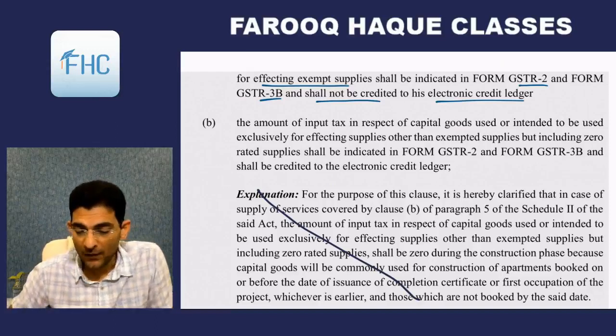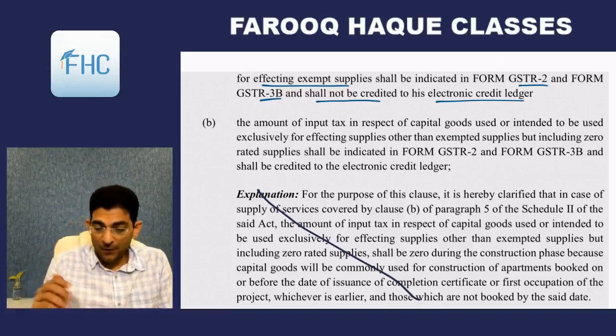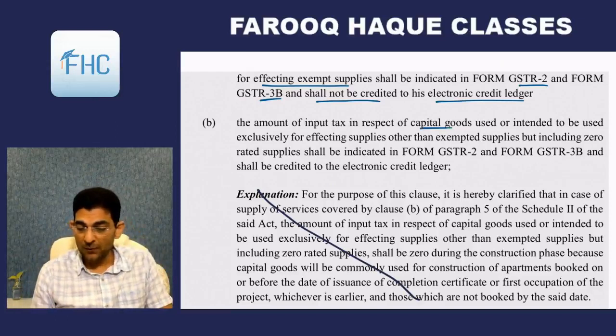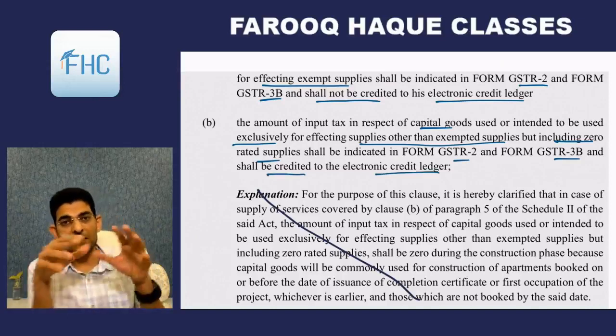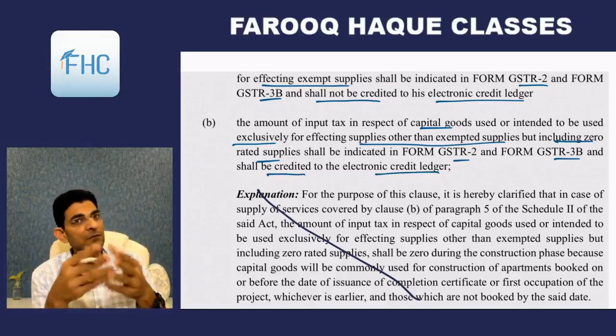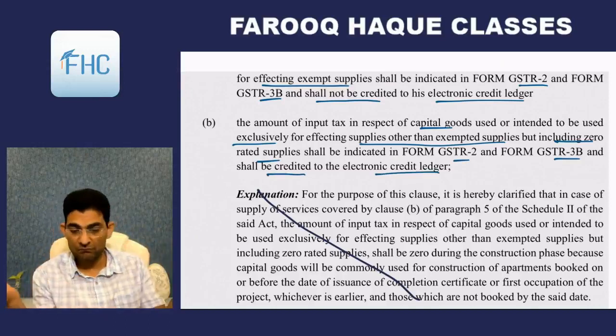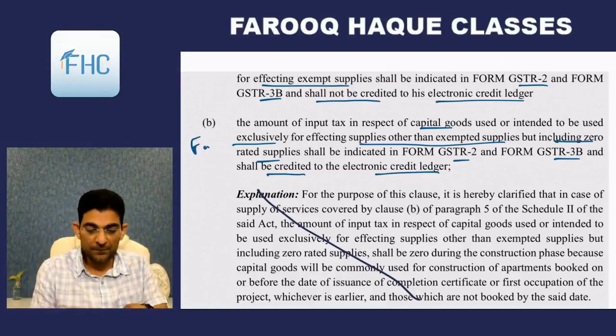Secondly, B. The amount of input tax in respect of capital goods used or intended to be used exclusively for affecting supplies other than exempt supplies, means taxable supplies, including zero rated supplies, shall be indicated in GSTR 2 and 3B and shall be credited to electronic credit ledger. So those which are exclusively for taxable supplies, full credit is allowed. Simple, full credit.